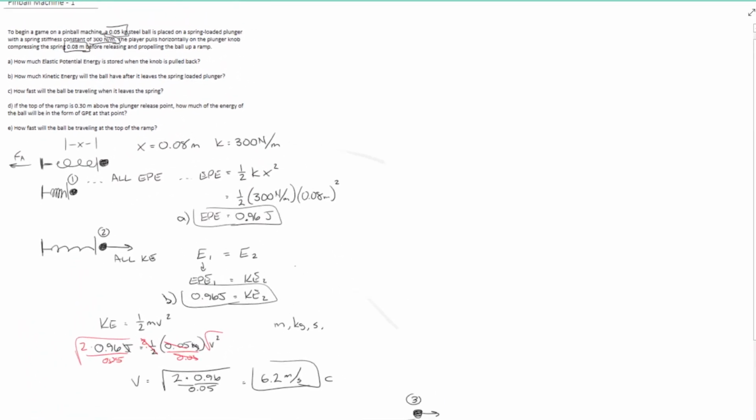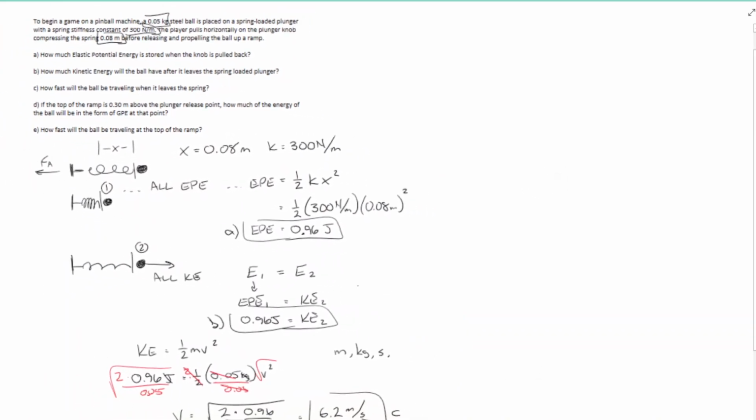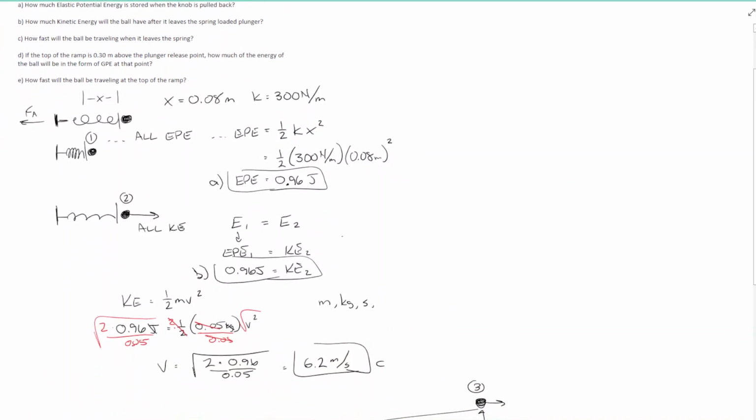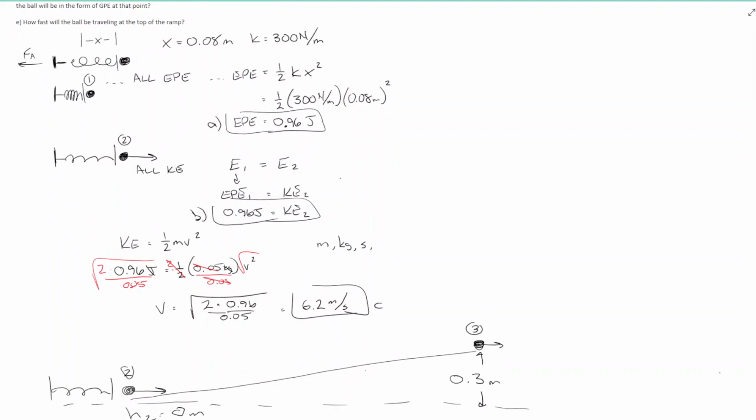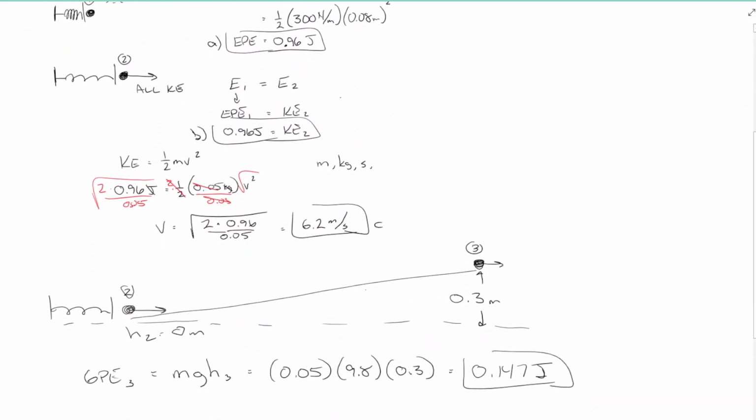All right, so this is a great example problem and where we see this transfer of energy from you doing work on the spring. You've got to put energy in there. The ball just sitting on there doesn't have energy. But when you do work by pulling the spring back, you've now stored that work in the form of spring energy, which then can do work on the ball, give it kinetic energy. And then as the ball goes up the ramp, gravity's doing negative work.